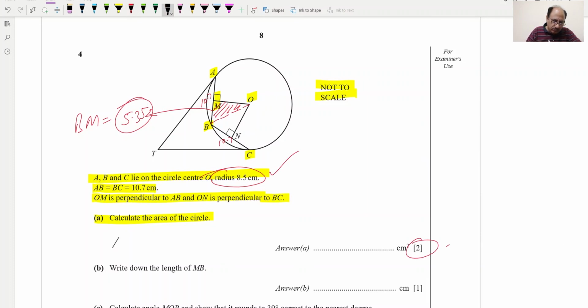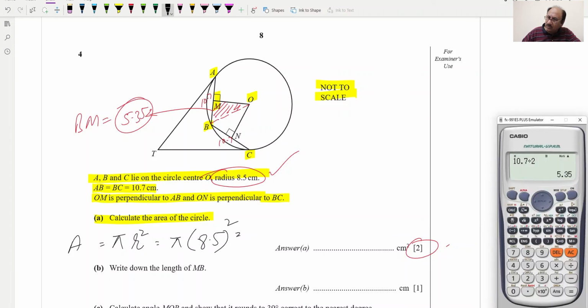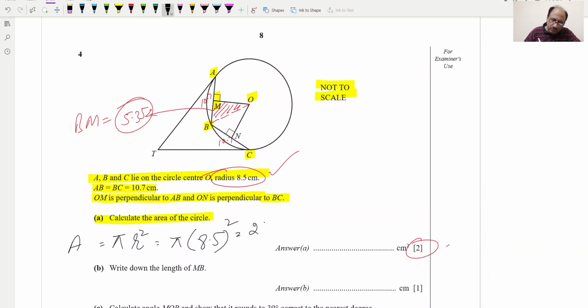So we can use pi r squared, which will be the area of the circle, which is equal to pi into 8.5 squared, and we can calculate this. So pi and r squared, 8.5 squared will be equal to 226.98.